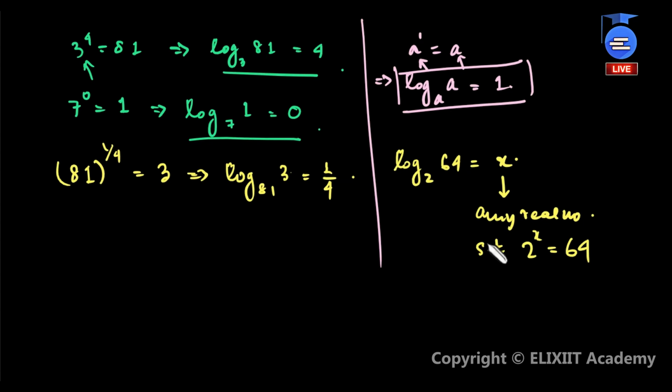What is the meaning of this? 2 to the power x is equal to 64. What is the value of x? x is equal to 6 from here.